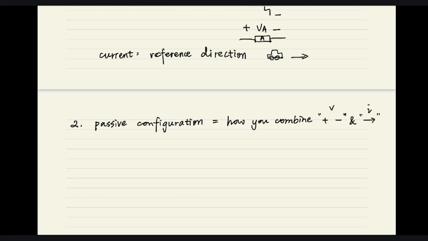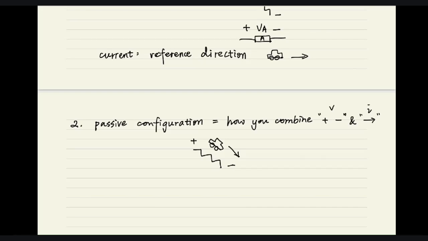For you to memorize it easily, let's imagine here are the stairs, just like we talked about before, and this is a positive and negative reference of the voltage, and then a car is running down the stairs naturally.